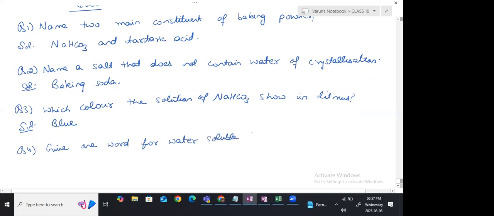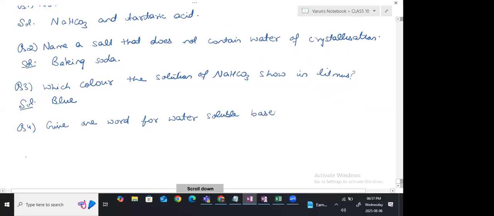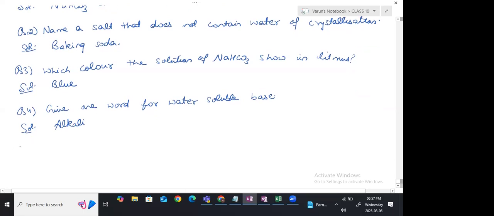What do we call water soluble bases? Alkali. Yes, we call them alkali. Write the chemical name of this compound. What is the chemical name of this compound?